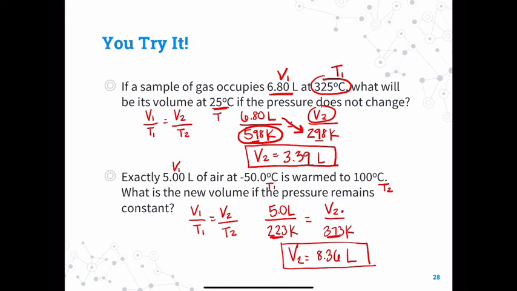Okay, so when we set this up, we cross multiply 5 times 373 and then divide by 223. Okay, and you should have gotten 8.36.